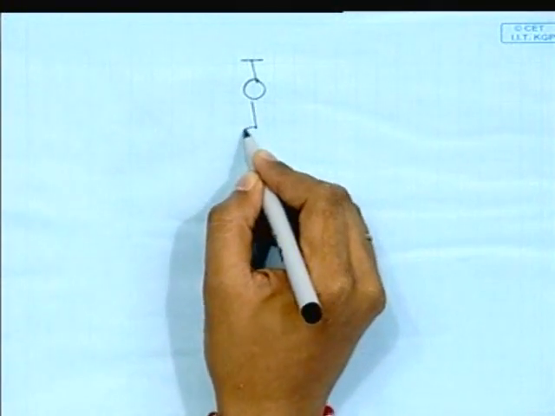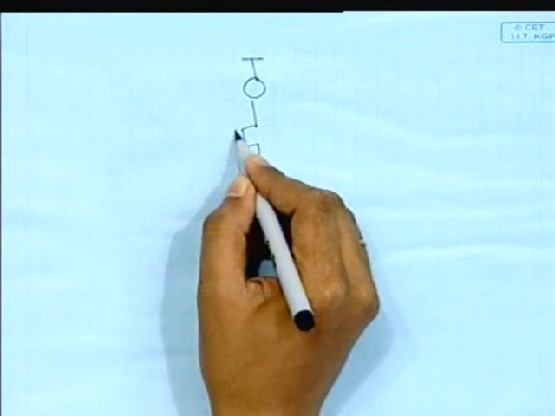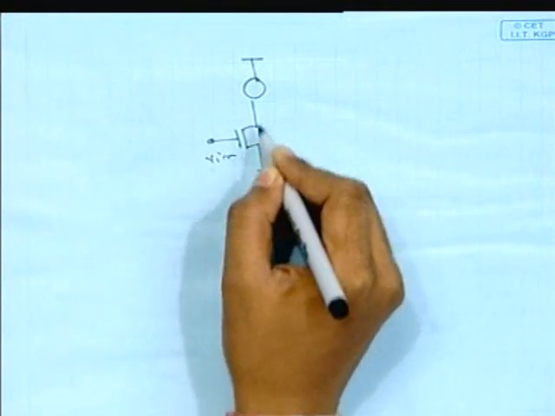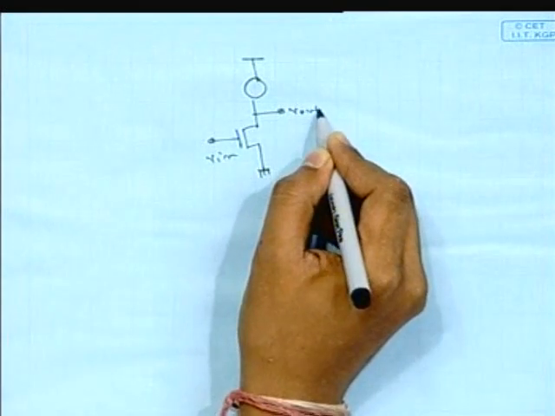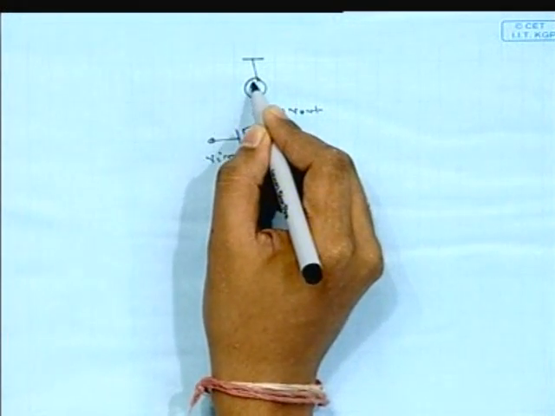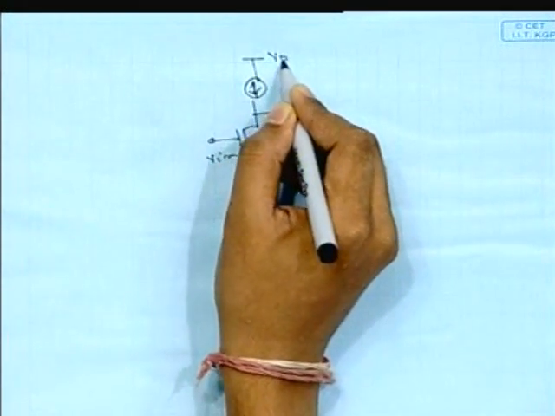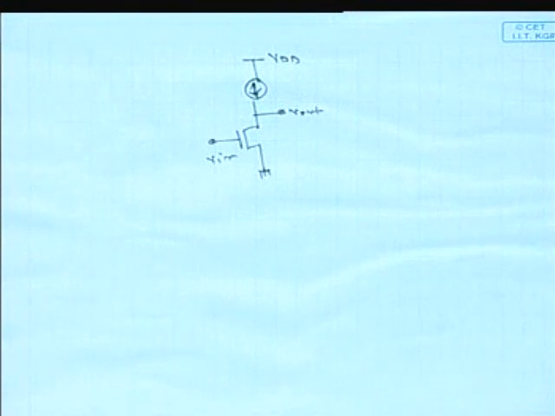So in the same way, we can go to the current source load. Why are we going to current source loads? Our main concern is to increase the gain.